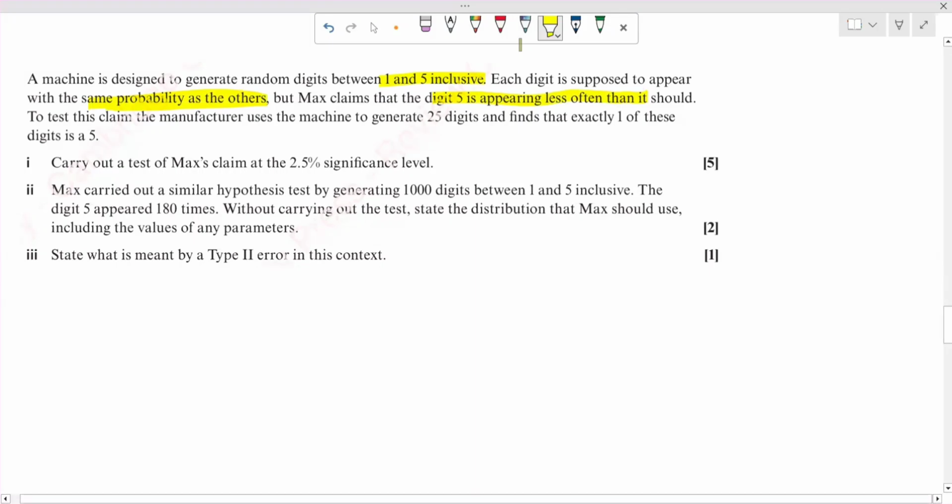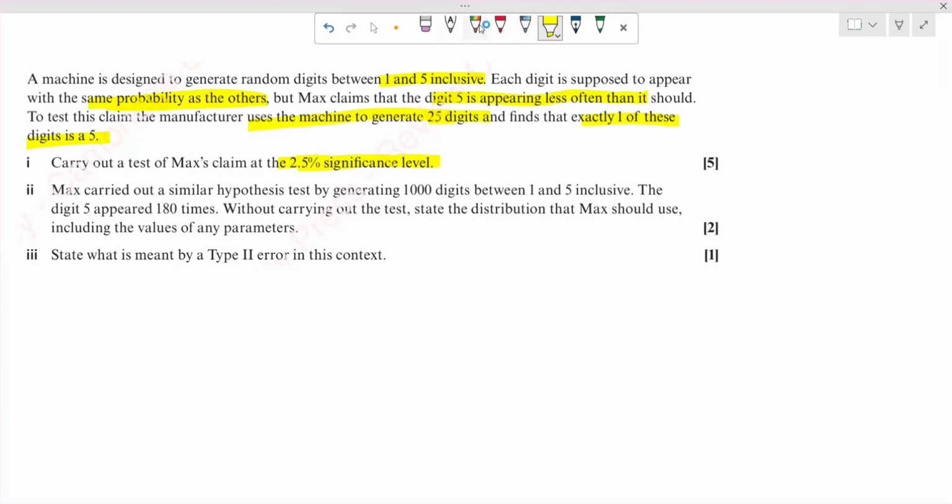To test this claim, the manufacturer uses the machine to generate 25 digits. Okay, n equals 25 digits. He finds that exactly one of the digits is 5. They're asking to carry out the test of Max's claim at 2.5% significance level.